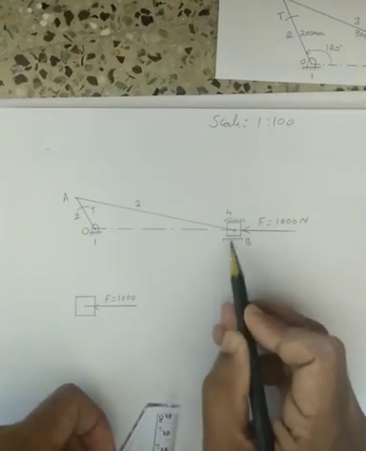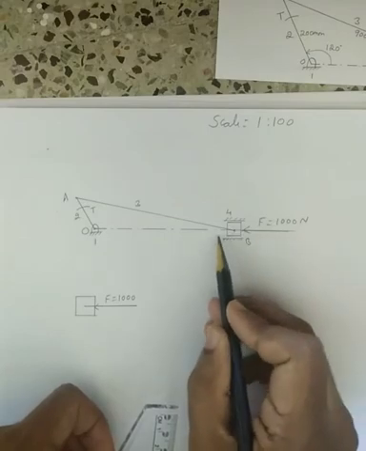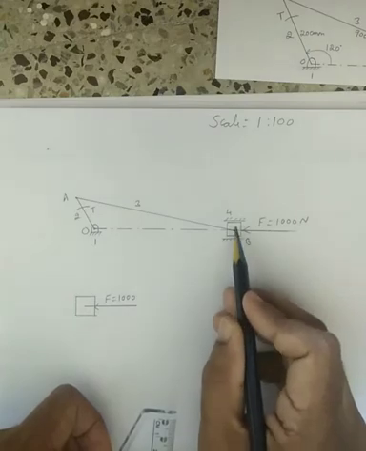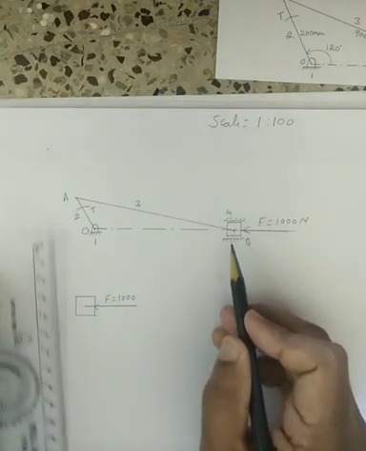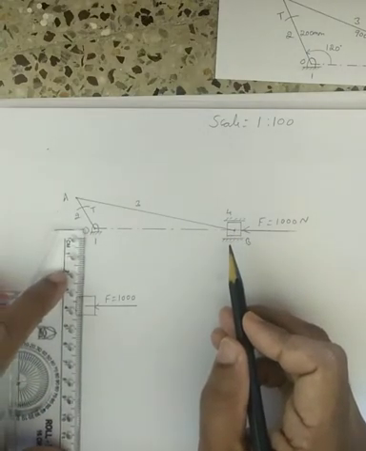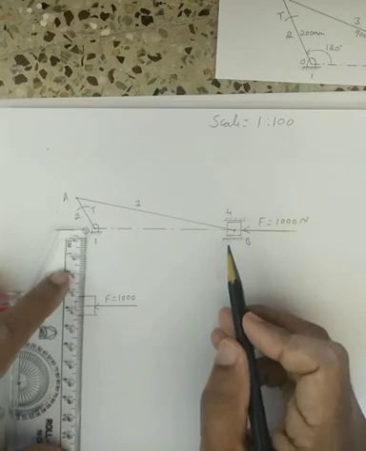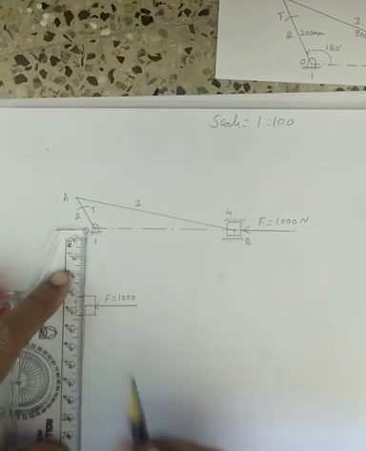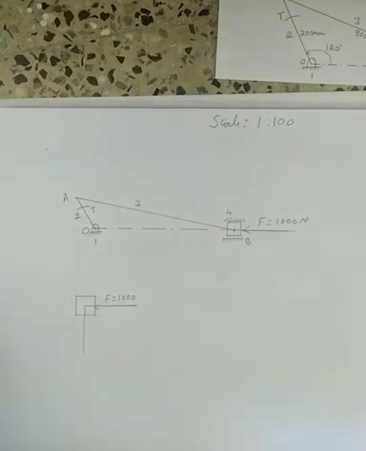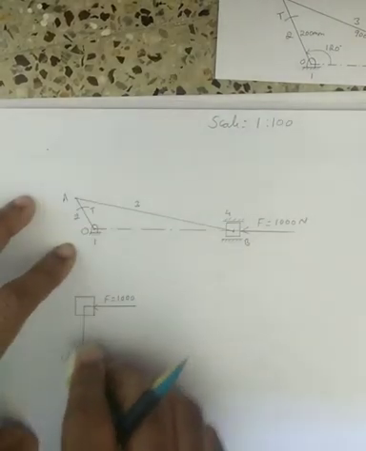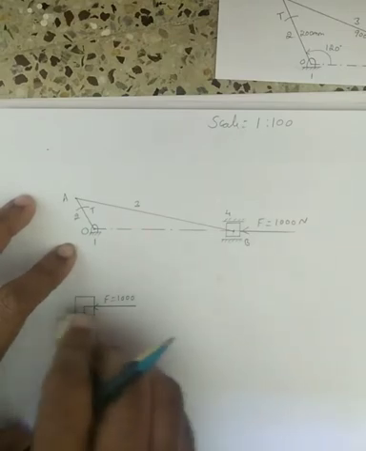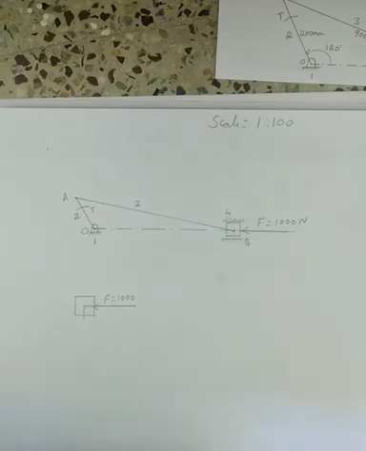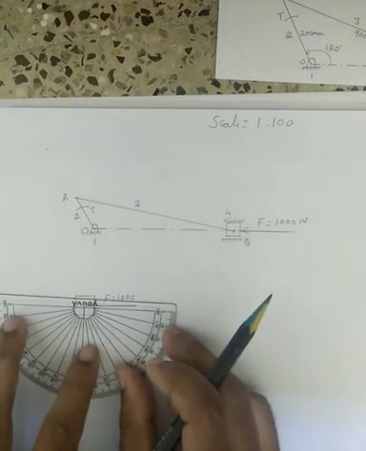Since the fourth link is sliding over the surface, there is a normal force acting on link 4. The normal force will be perpendicular to the surface. So this is the normal force which is acting. If you want the exact one, you can draw the perpendicular line and mark the 90-degree angle.